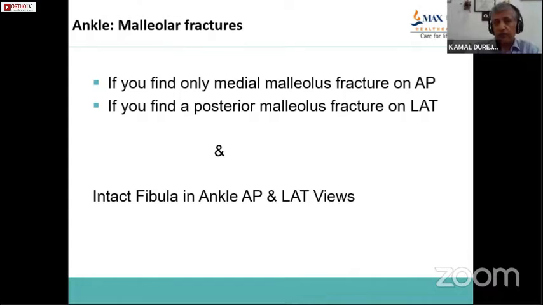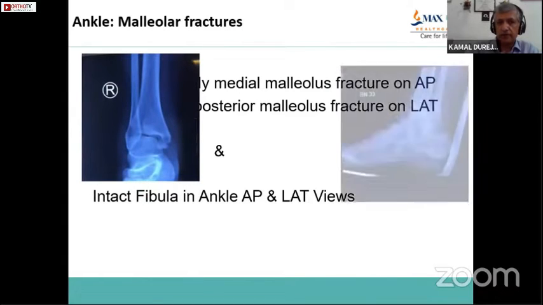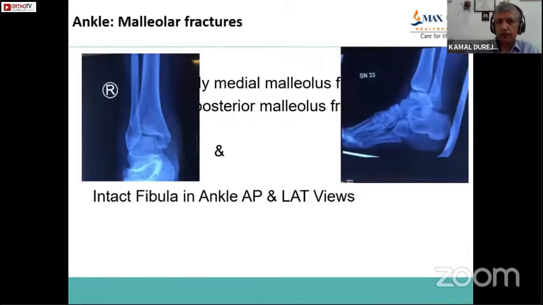Before I stop talking about malleolar fractures, one word I want to tell everybody: if you find only a medial malleolus fracture on the AP view, and you find a posterior malleolus fracture on the lateral view, and you see an intact fibula, beware. See this example? Only a medial malleolus and a posterior malleolus.